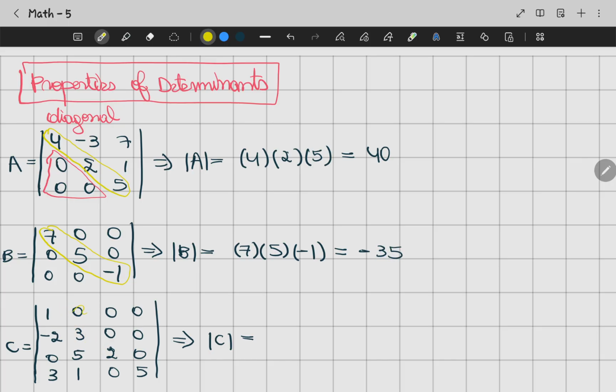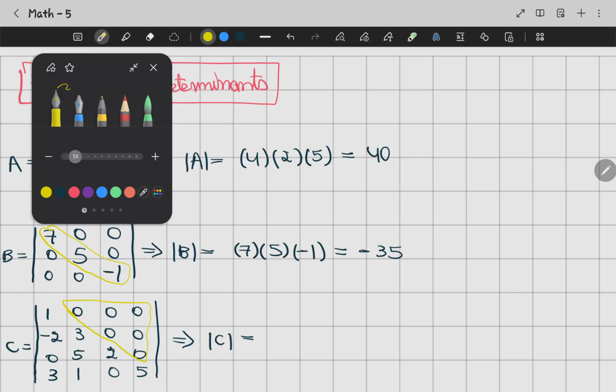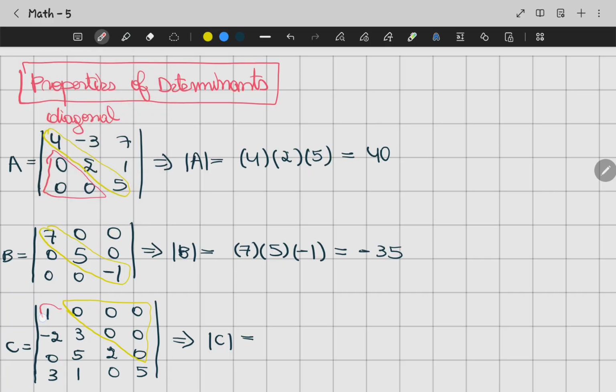And this one, you can see we got ourselves another triangular block here, and because of that we're going to multiply this diagonal line. So it will be 1 times 3 times 2 times 5, which will give us 30.